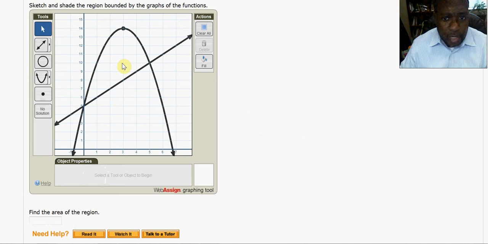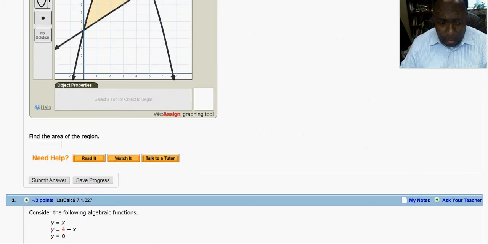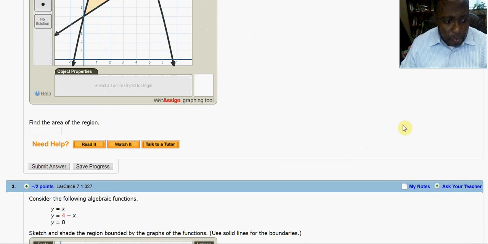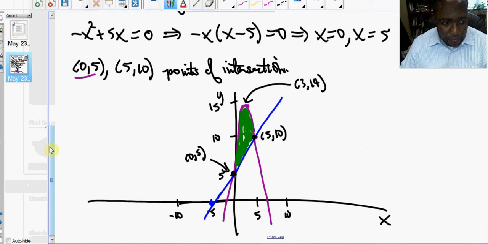Shade the region in, right? So we're going to fill that area in there. Okay. So we have that. So now we're going to move down to solve for the region. So we'll go back to our paper and we'll finish this problem.